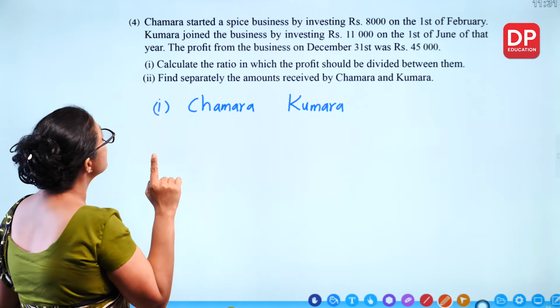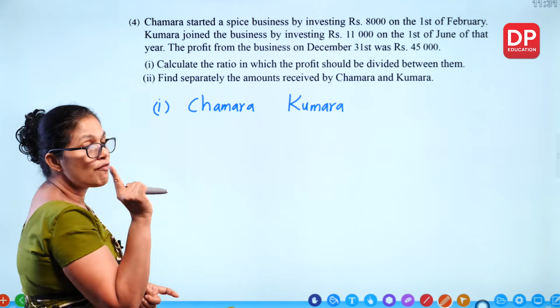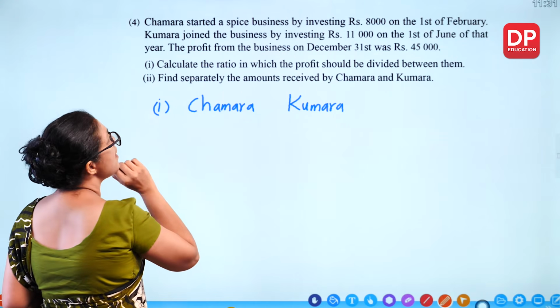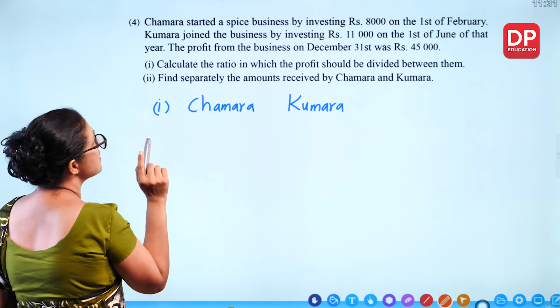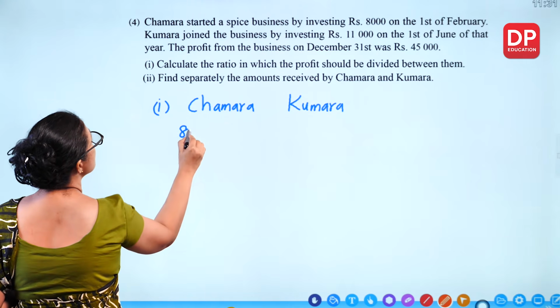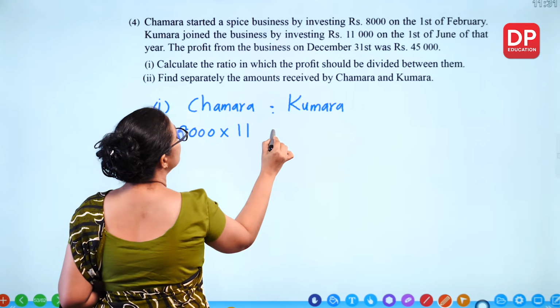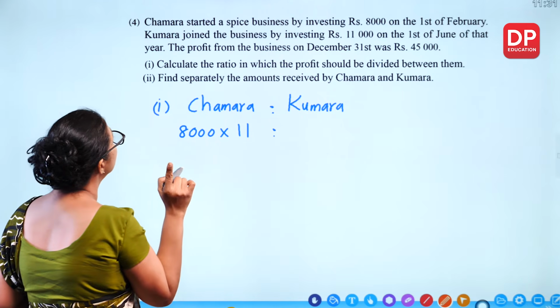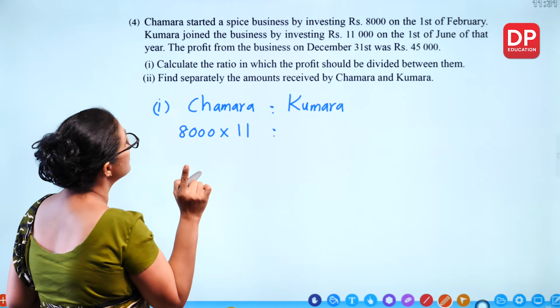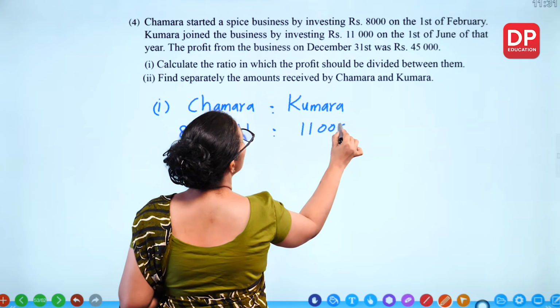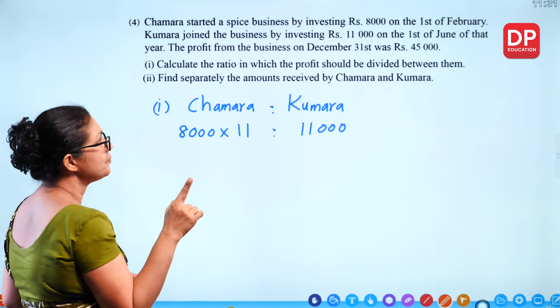So February started, 1st of February. So you can use the time as 11 months. That's 8,000. Then Kumara invested 11,000 on the 1st of June.